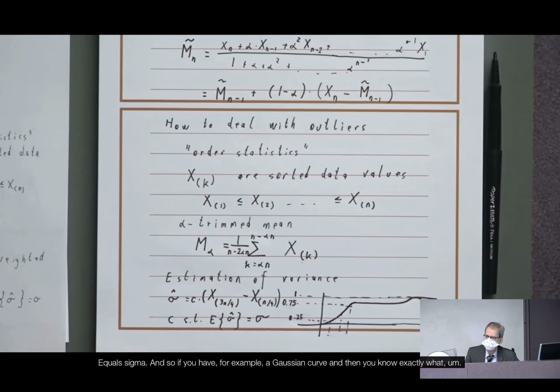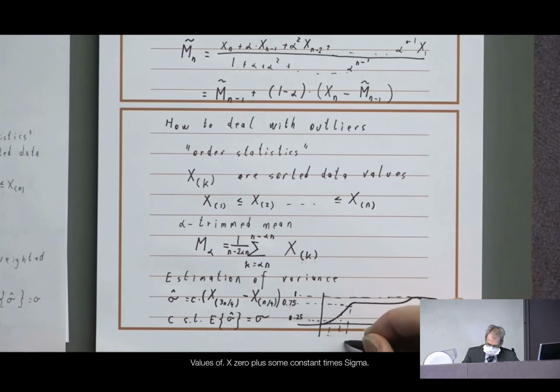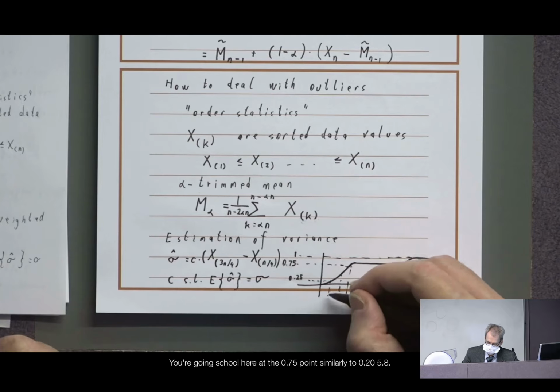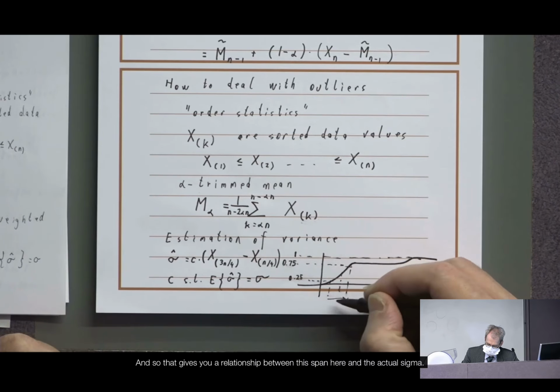If you have, for example, a Gaussian curve, then you know exactly what values of x0 plus some constant times sigma you're going through at the 0.75 point, and similarly at the 0.25 point. And so that gives you a relationship between this span here and the actual sigma.